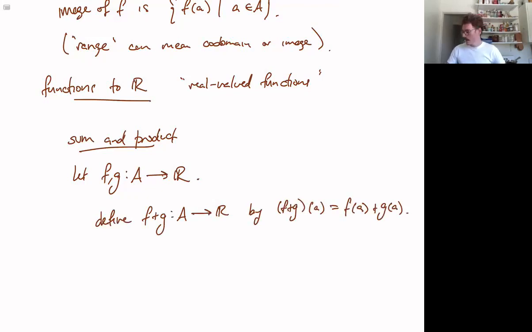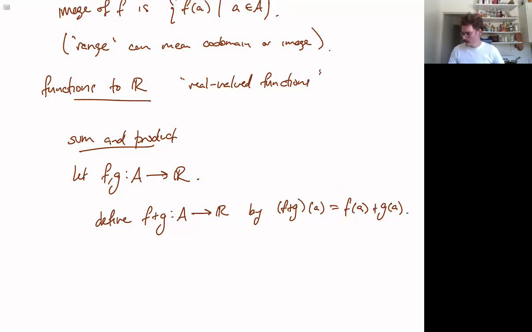So just to point out, we're using the addition in the real numbers, right? Because once we go through the map, we end up with a real number. So f of a is a real number, g of a is a real number. We don't need to be able to add elements of A. So A could be something that doesn't have addition. That doesn't matter, because we only need to add things at this end.